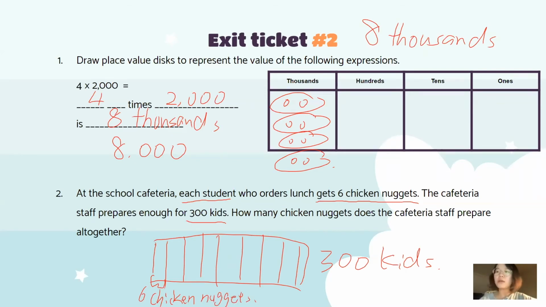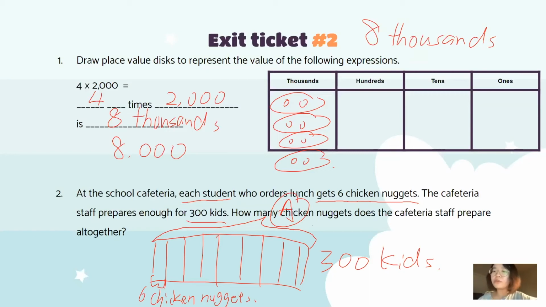Okay, so our question is, how many chicken nuggets does the cafeteria staff prepare altogether? So we have to find the total amount of chicken nuggets the cafeteria staff prepared. So I will give it letter A. So letter A is what we're looking for.